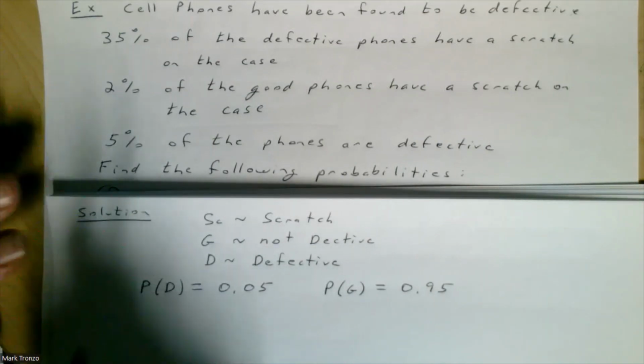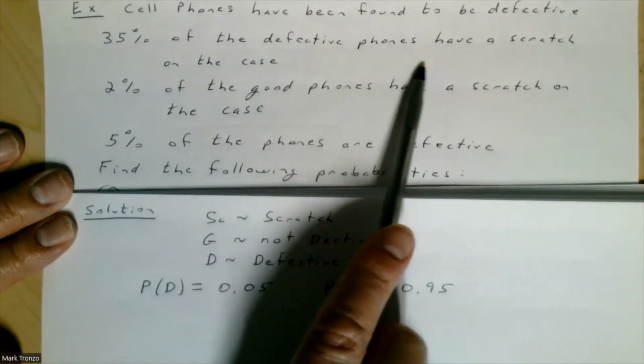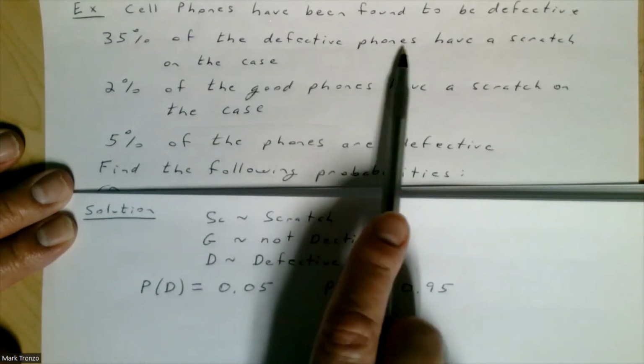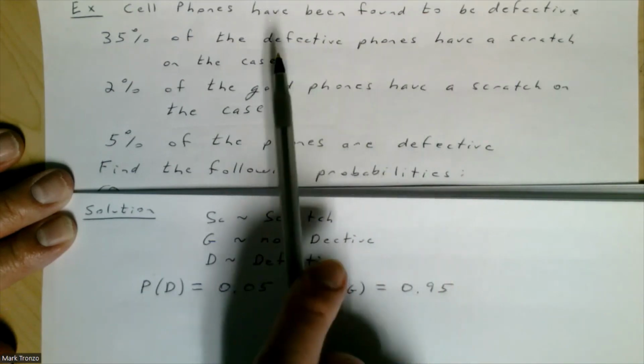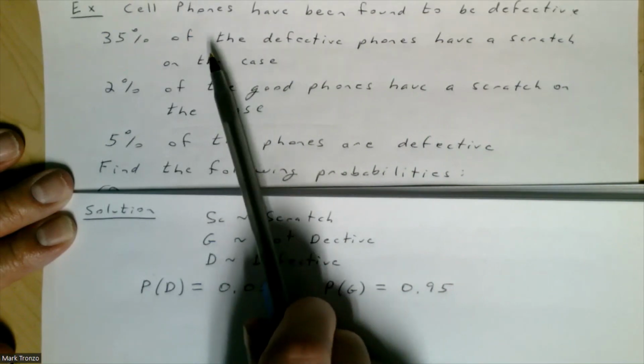And let's see, what are we given here? 35% of the defective phones have a scratch. So let's think a minute, what does this mean?